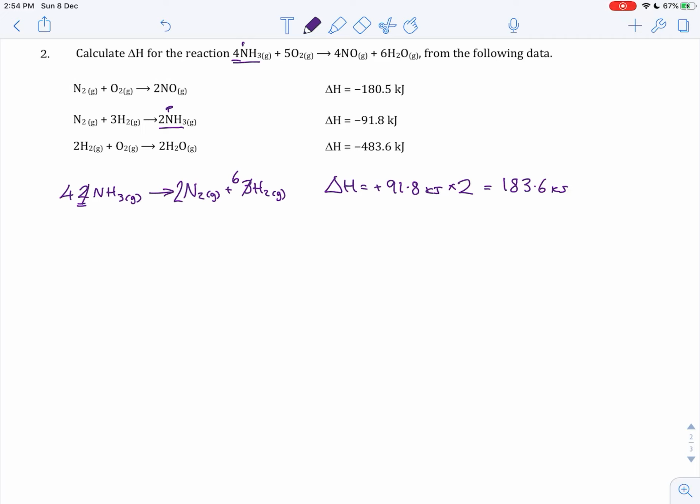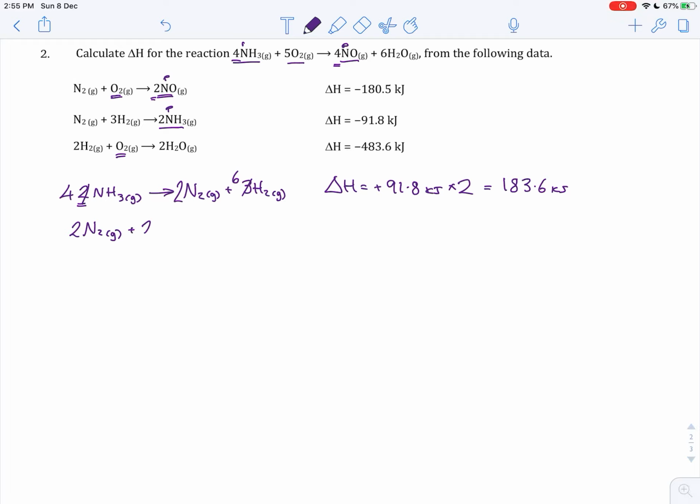On to the next substance, oxygen. Because we've got oxygen in 2 different places, we'll leave that till later. Looking at nitrogen monoxide. We've got nitrogen monoxide in this first equation. Now it's a product here, and it's also a product here, which is marvellous. But we've got 4 here, and we've only got 2 here. So we're going to be multiplying the whole equation by 2.